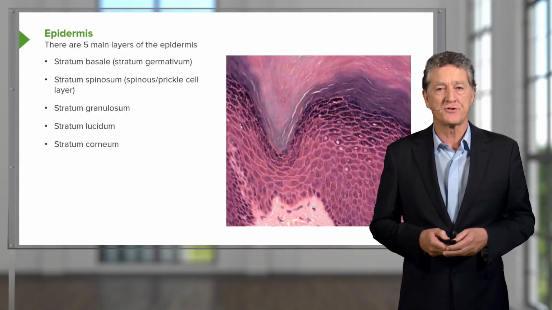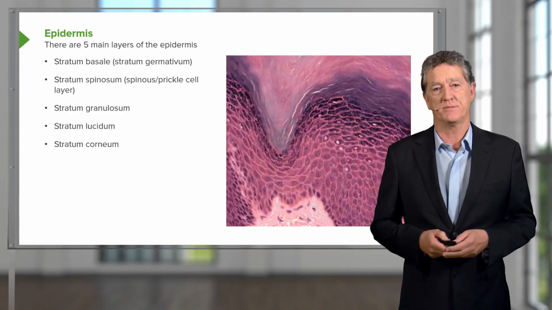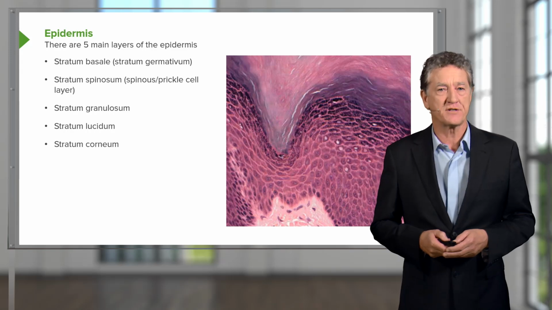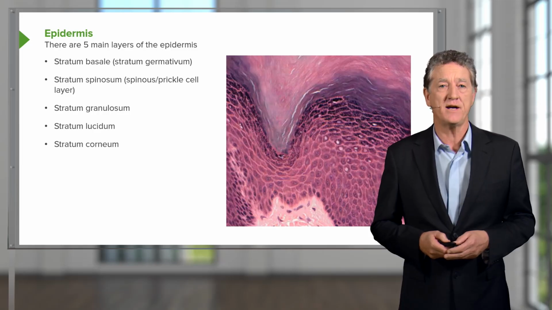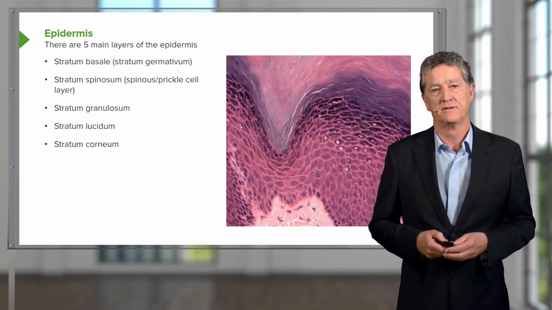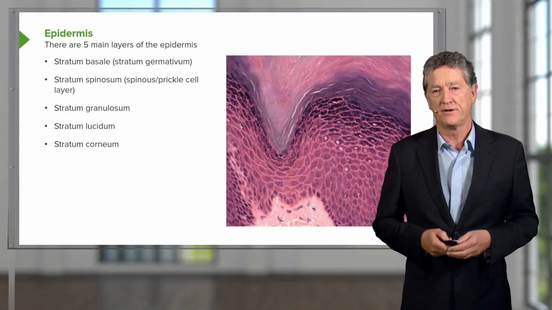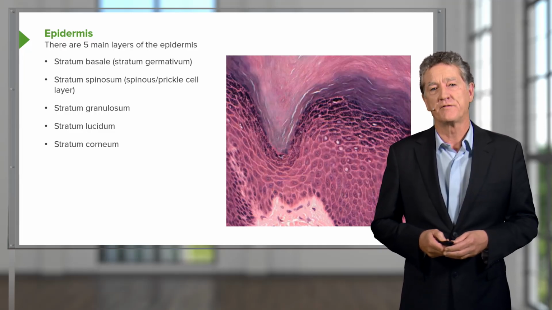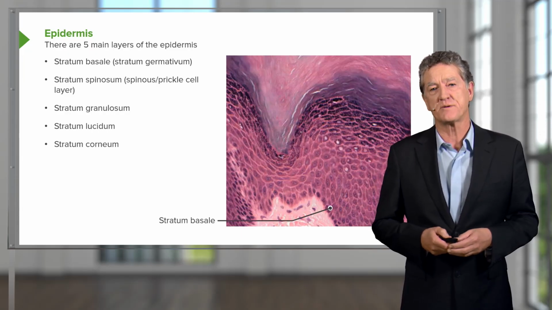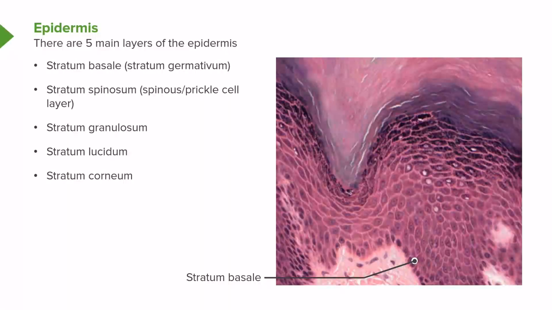Well, let's concentrate first of all on the epidermis. And as you see listed on the left-hand side of this slide, there are 5 main layers. And I'm going to go through these layers in some detail now. First of all, let's look at the stratum basale. It's often called the stratum germinativum because it's a germinating layer.